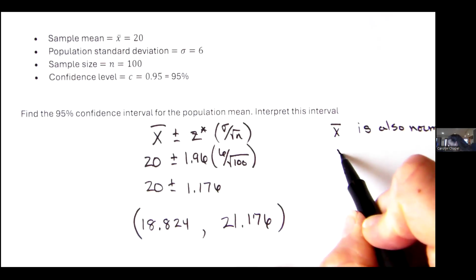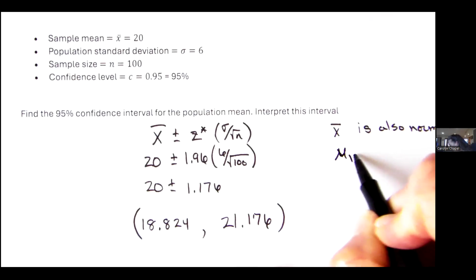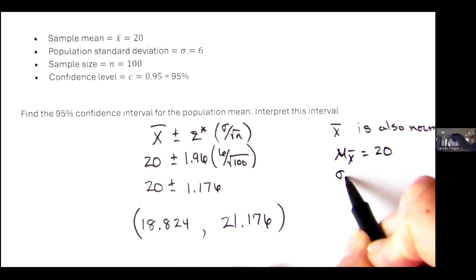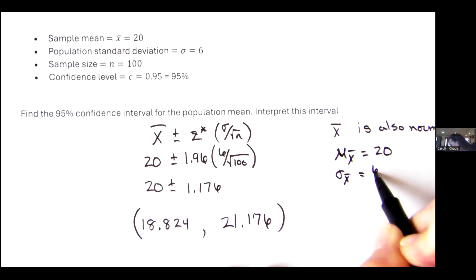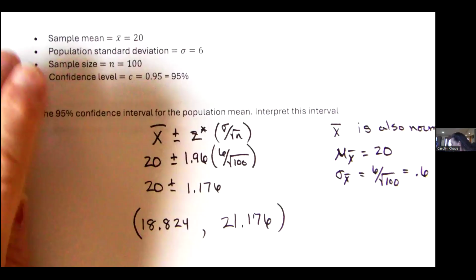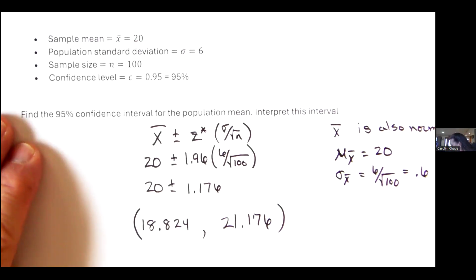Our mu of X bar is going to be the same as it was before. Sigma of X bar is that 6 over the square root of 100, which is 0.6. In the previous one, our sigma for X bar is that 2 over the square root of 25, which is 0.4.